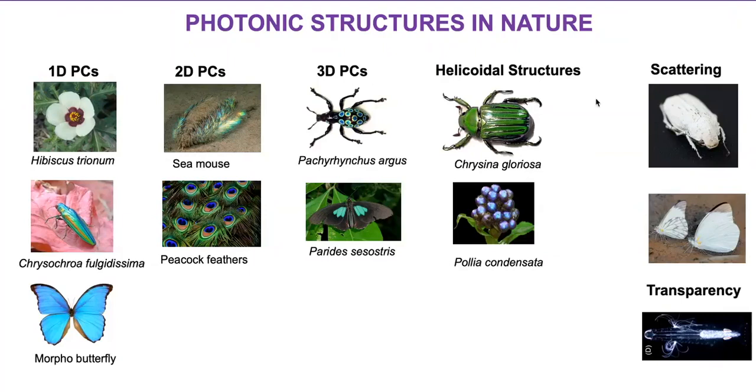There are some miscellaneous structures that lead to what we call polarized vision, and then the scattering and transparent structures. And I hope that many of you now start looking at structures and wonder, is it a structural color or pigmented color? And I'll be very happy if you get inspired by some of these examples.